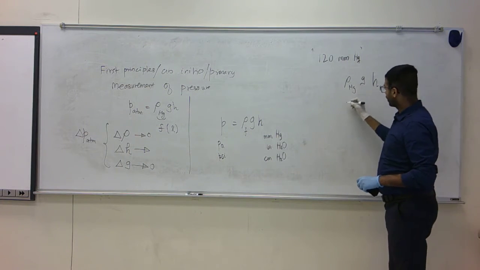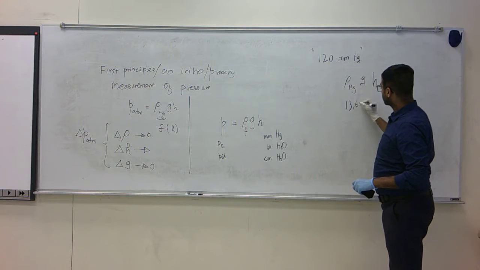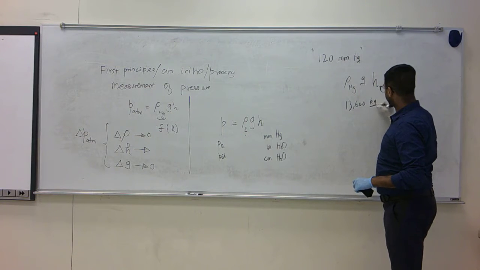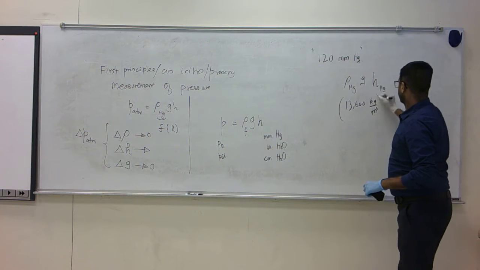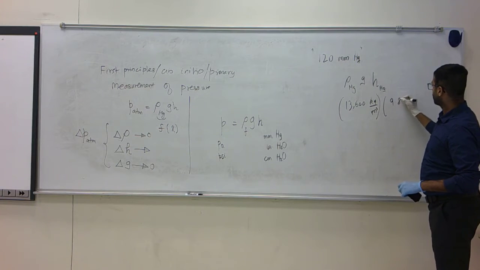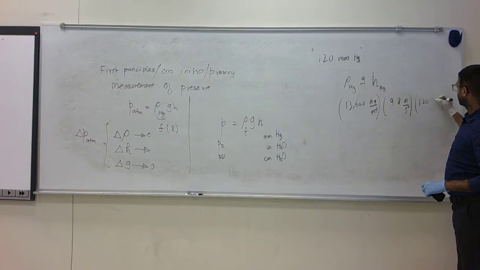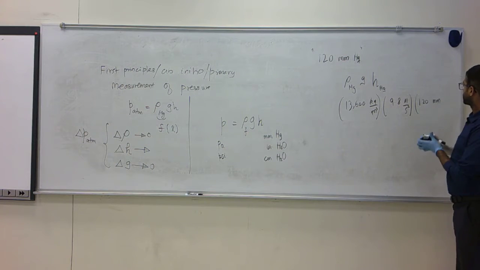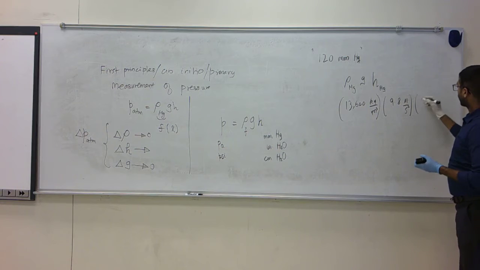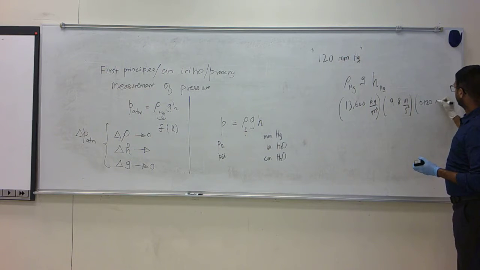So if I were to convert, this is 13,600 kilograms per meter cube multiplied by 9.8 meters per second squared times 120 millimeters, which I will write as 0.120 meters.